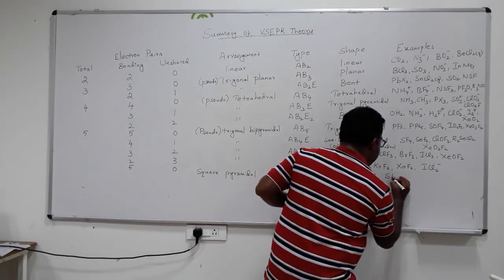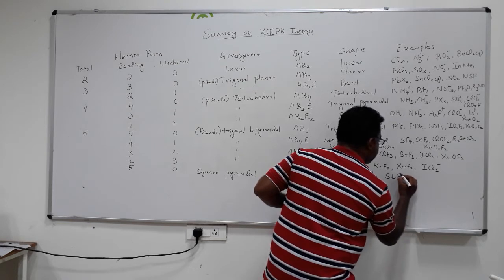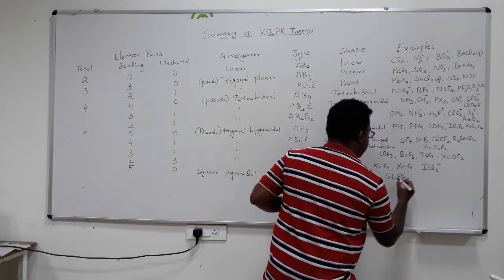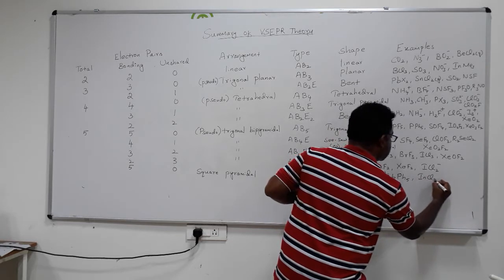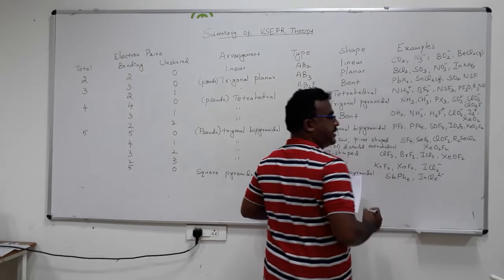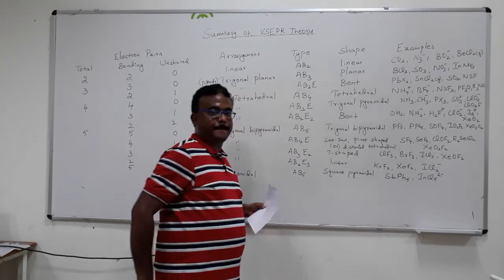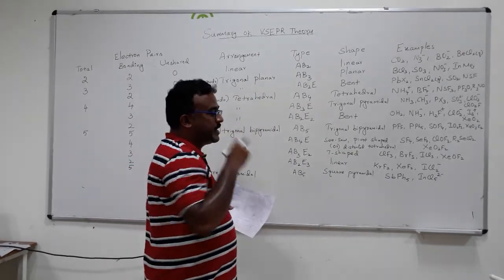Examples: antimony pentaphenyl antimony and pentachloroindium 2 minus, I mean pentachloroindium.